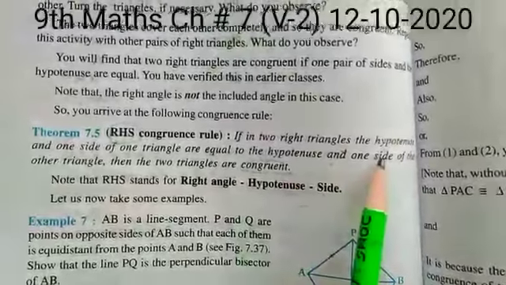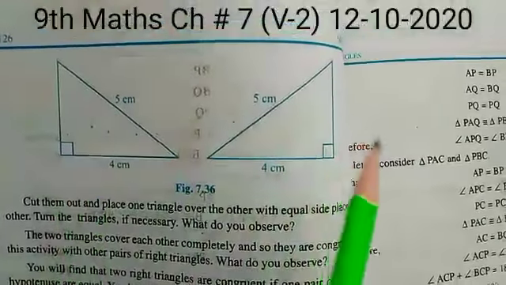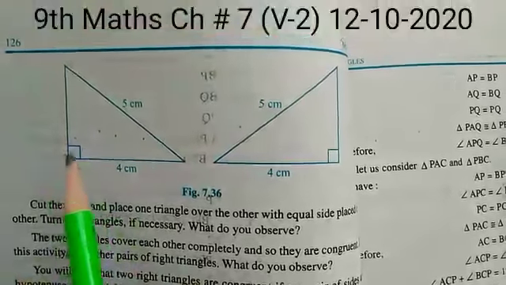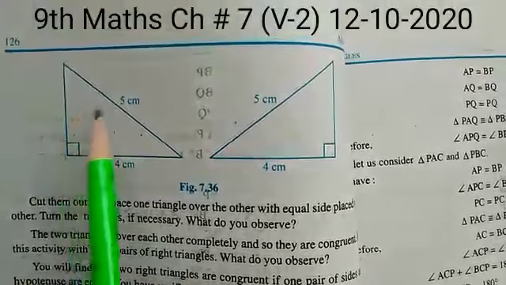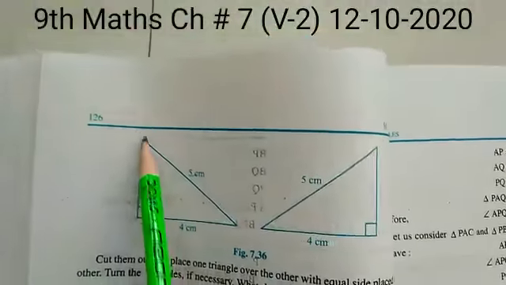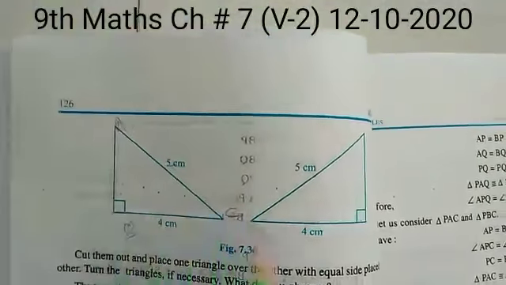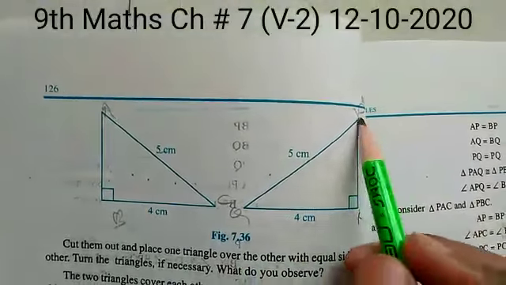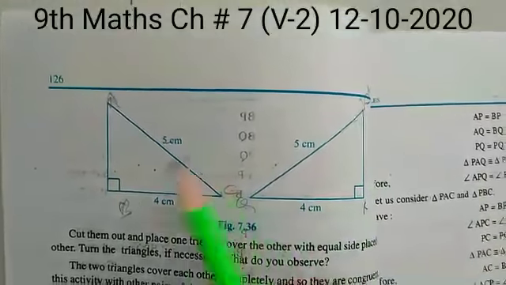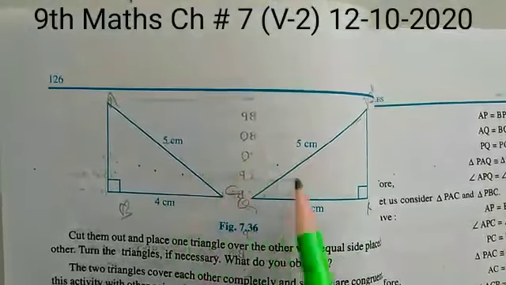Means what? In the case of two right angle triangles, the hypotenuse is the side opposite the right angle, that is this one, right? We are considering it as AC. So here AC, and here P, Q and R. So PR and AC are the hypotenuses of these triangles, right?